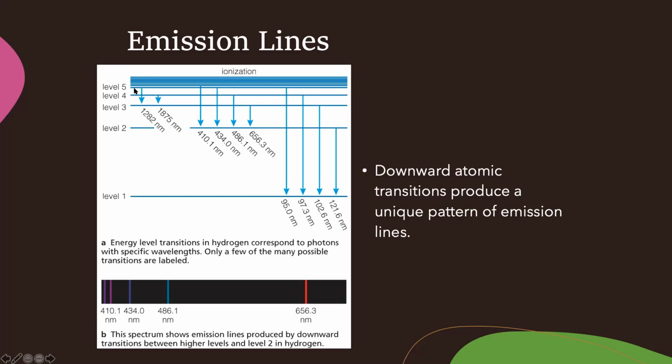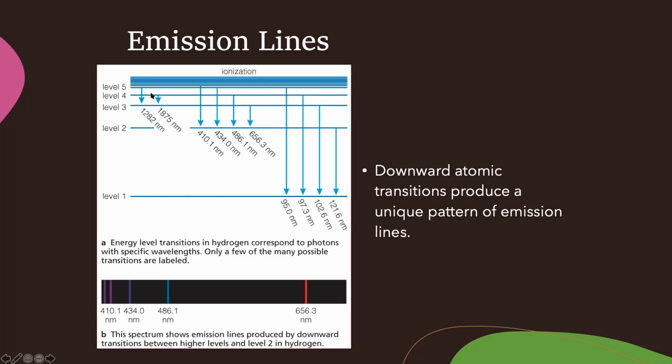So what we're seeing here are the different possible jumps that an electron could make. Let's say that, thinking about the well that I had just drawn, you have an electron at the n equals 5 energy level. It can drop from n equals 5 directly to n equals 3, or it could go from n equals 5 directly to n equals 2, or from n equals 5 to n equals 1, or it could go from n equals 5 to n equals 4, which is not on here.